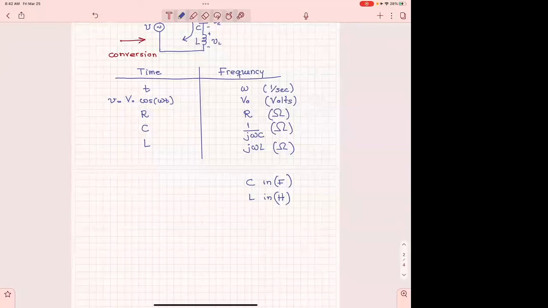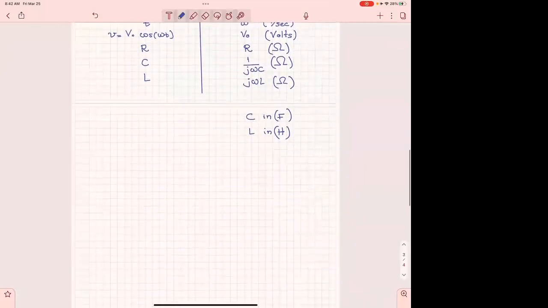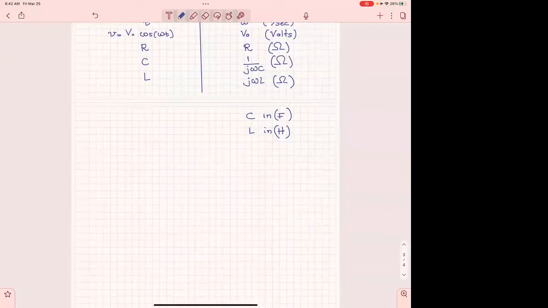So practically the above circuit is going to take the following form. We still consider it to be an AC source, but now we indicate it by V. We are going to have the resistor, the capacitor, and the inductor.